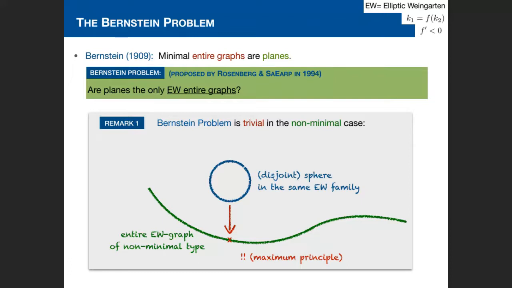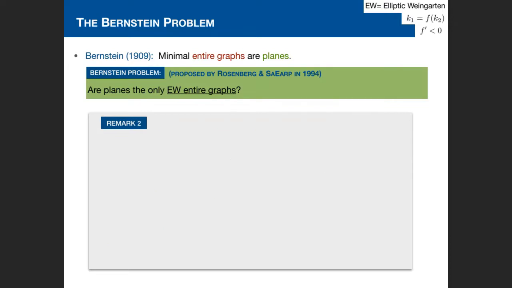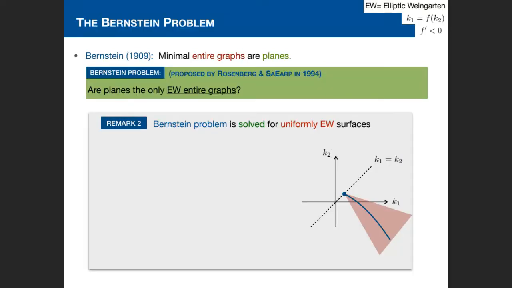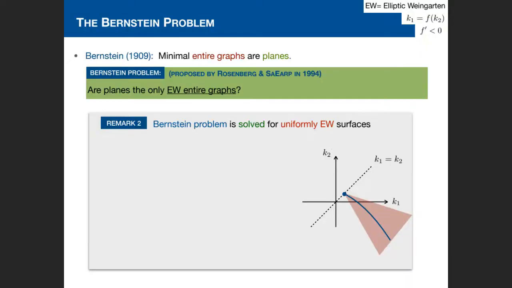This is just an easy consequence of the maximum principle. And the second remark is that in the uniformly elliptic case, the Bernstein problem is known to be true, okay? And the proof is quite short and is the following.